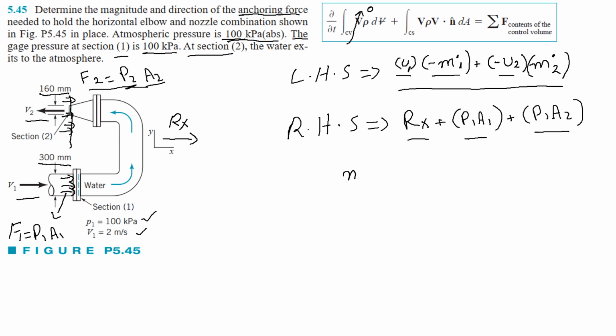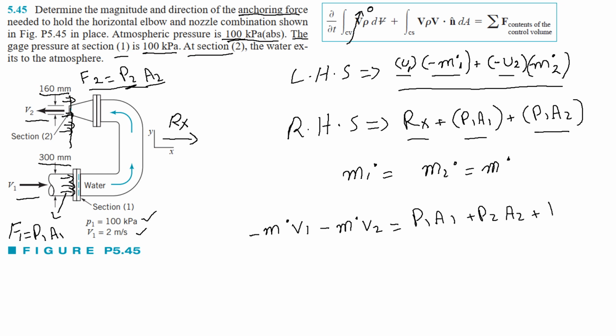So what I will write first is M1 dot is equal to M2 dot is equal to M dot. So now my left hand side of the equation will look like this. Let's write this equation: minus M dot V1 minus M dot V2 is equal to my right hand side of the equation, that is P1 A1 plus P2 A2 plus Rx.